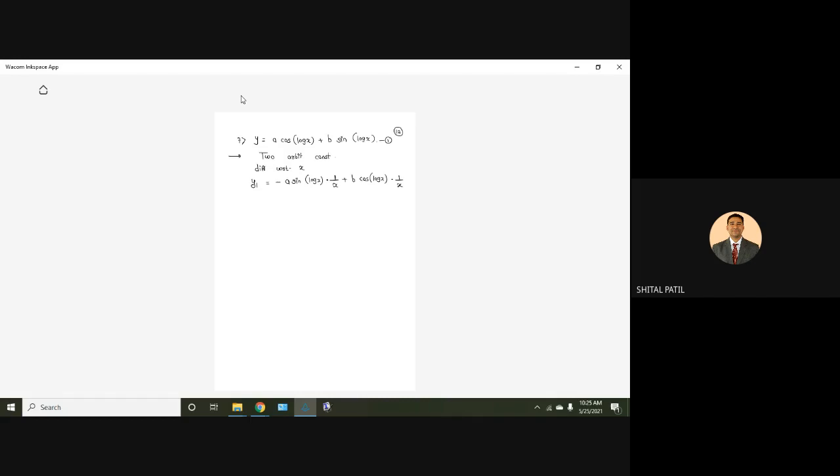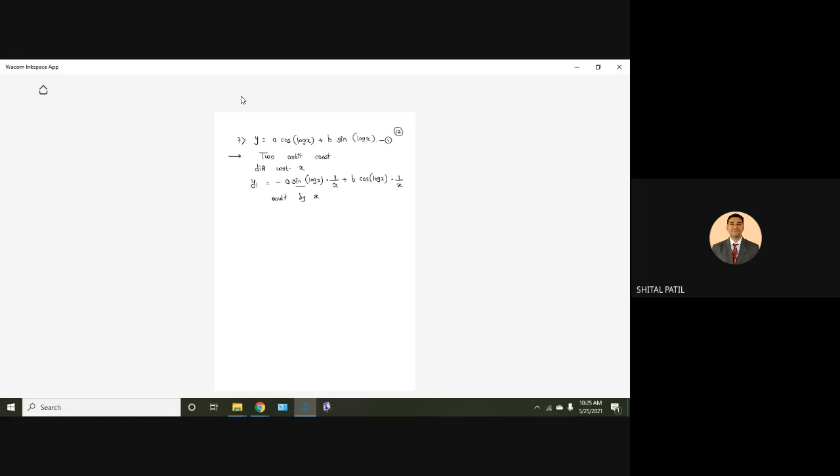We want to differentiate it once again, but if we differentiate as it is, we have to use the product rule. Sin log x is one term and 1 upon x is another term. Using product rule on the right side is somewhat difficult, so it is better to take this x to the left hand side. Multiply by x on both sides.